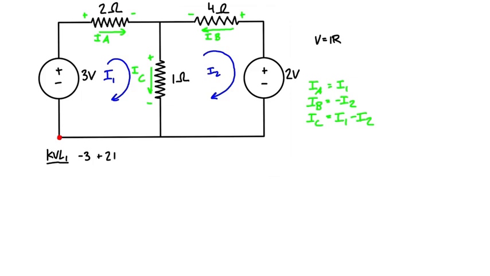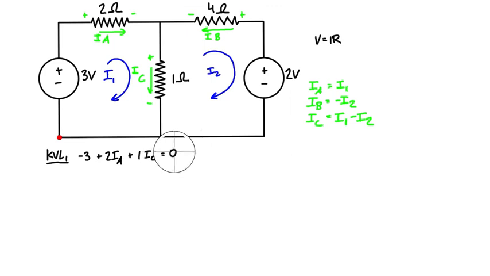So we're just going to have 2 IA. And then when we come to the next resistor in the middle here, we enter through the positive terminal, so it'll be a positive term. We have the resistance times the current, so 1 ohm times IC. That's positive, so we have 1 times IC, and that all sums to 0.